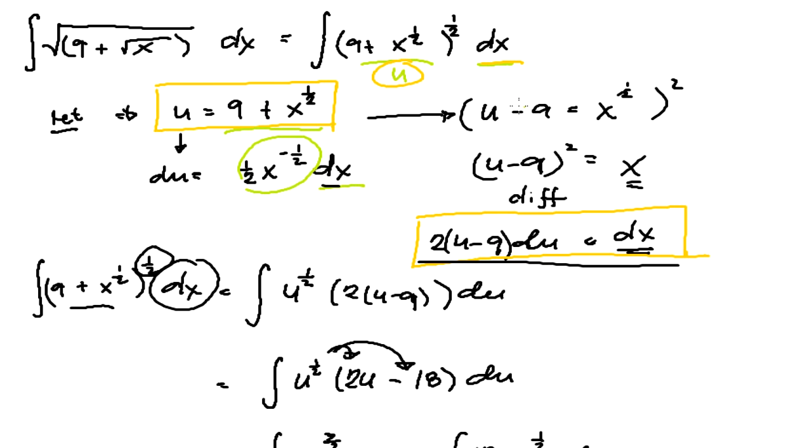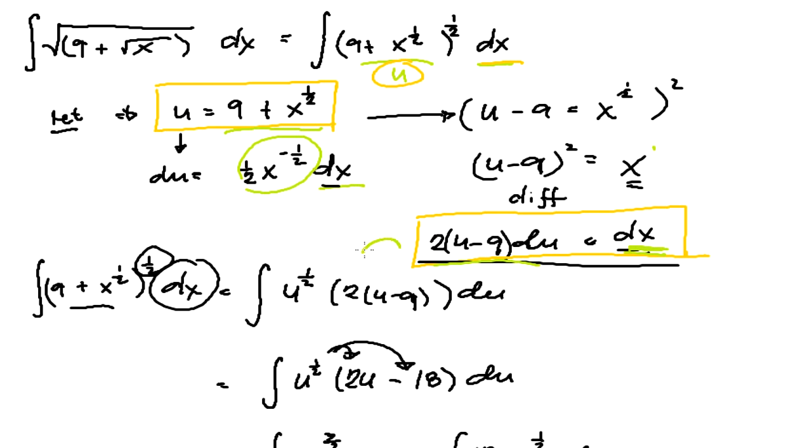And then we do some algebra, and we square both sides. So we have u minus 9 squared is equal to x. Then we find the derivative of this, so that we can substitute algebraically the value of our dx in terms of u. So we have 2 multiplied by u minus 9.